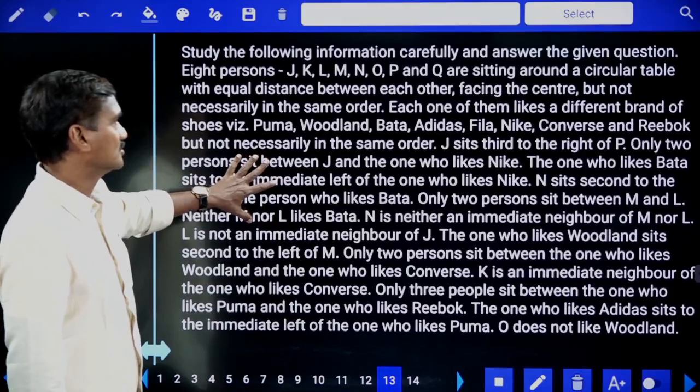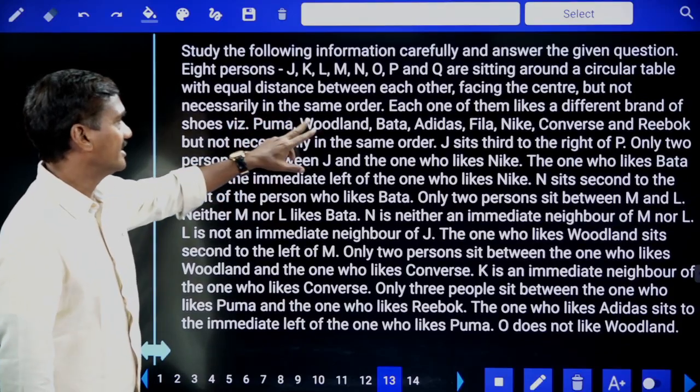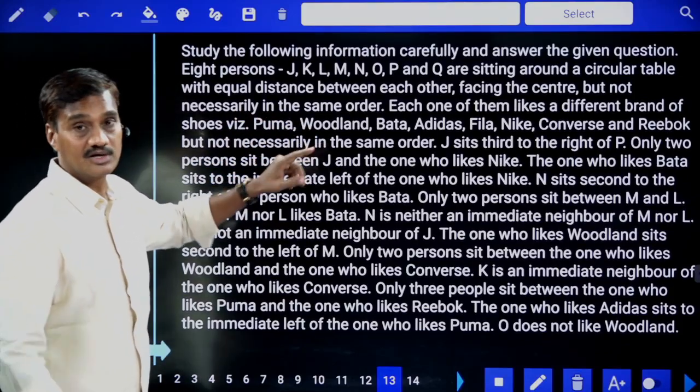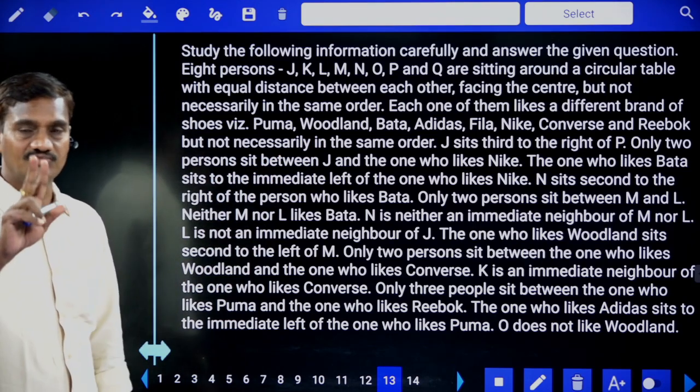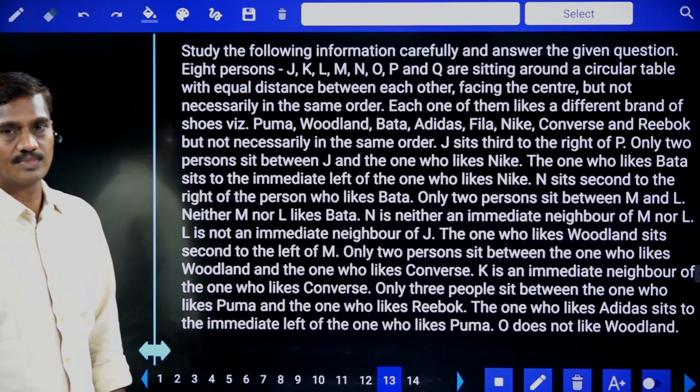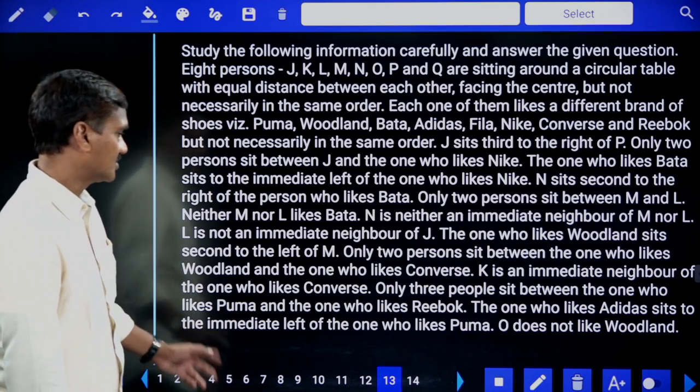Now 8 persons seated around a circular table, and each one of them likes a different brand. As a parameter is added, definitely it will take some 2 minutes. Let's start working on this one.